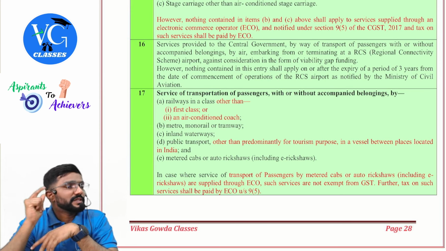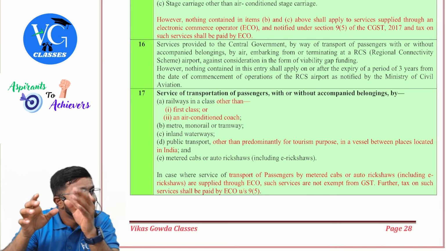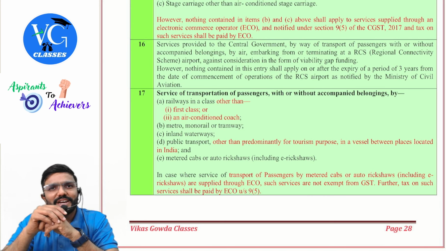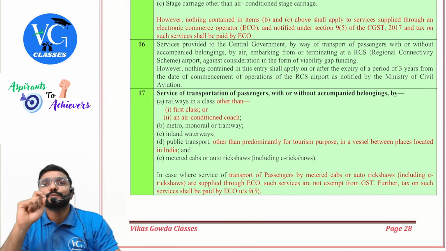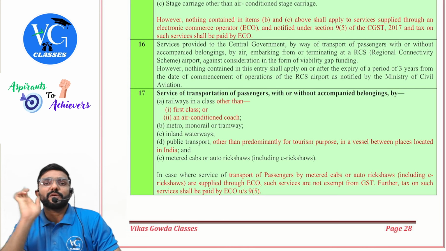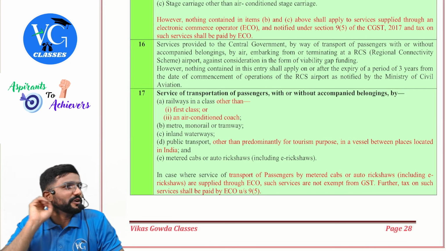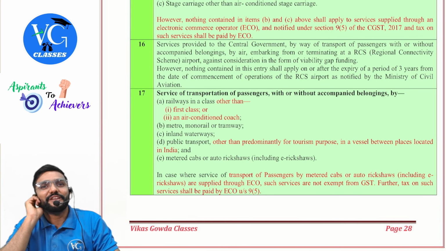Is it exempt? Yes. Actually, airline service is not given by the airport. Who is giving it? The airlines. Correct? Air India, Air Asia, or Indigo. On the ticket price, GST is exempt, provided the recipient is the central government, because they have supported building this infrastructure. That is why they have also taken the benefit.